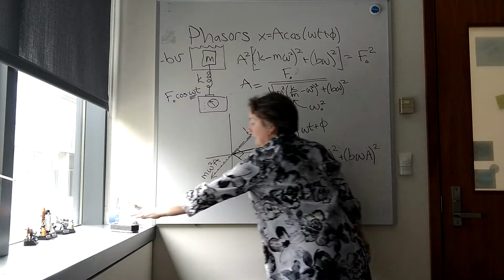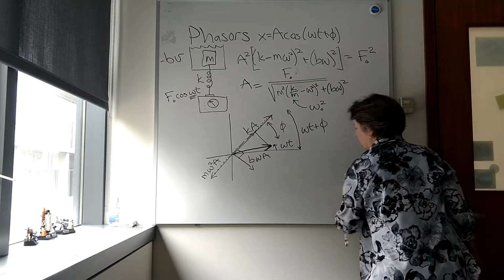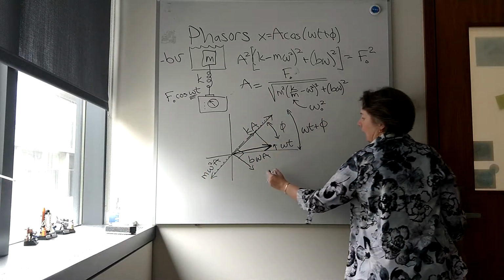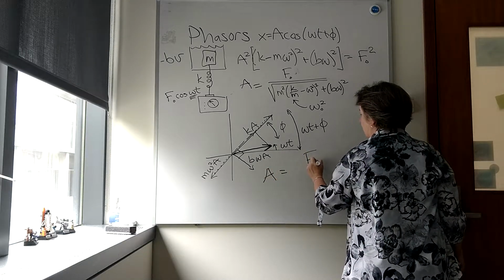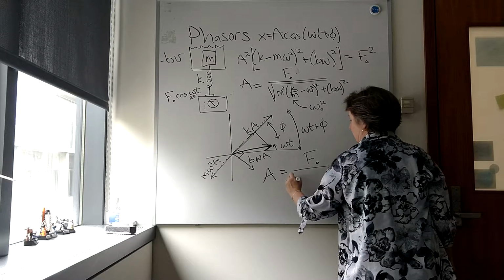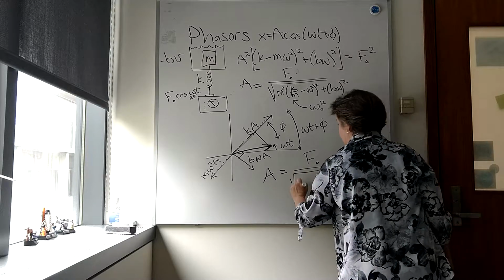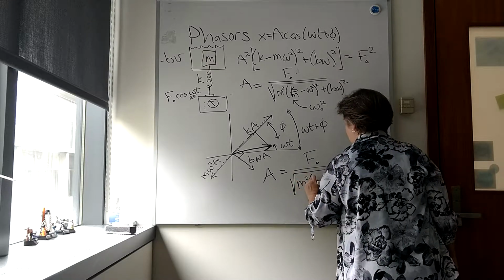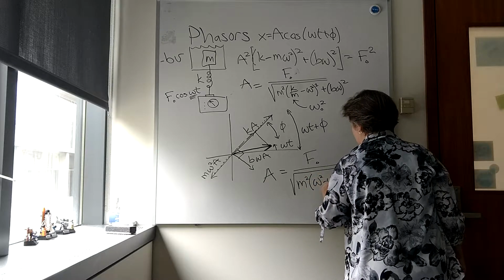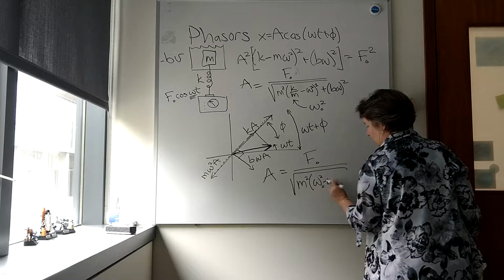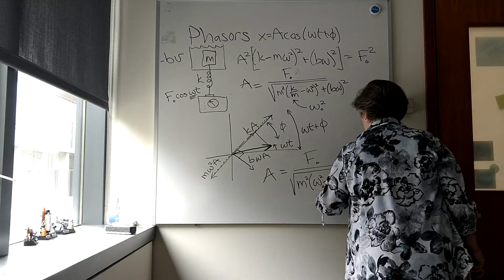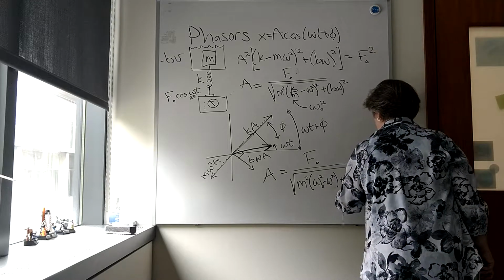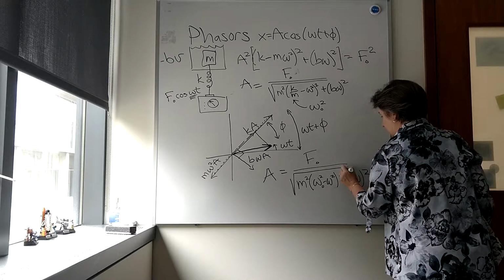So we can rewrite this as a is equal to f naught divided by the square root of m squared times omega naught squared minus omega squared, plus b omega squared, right?